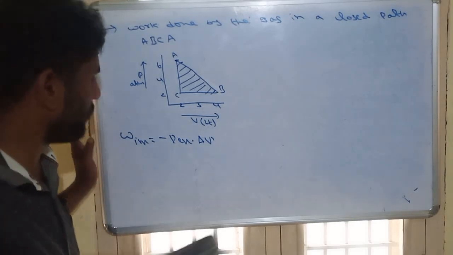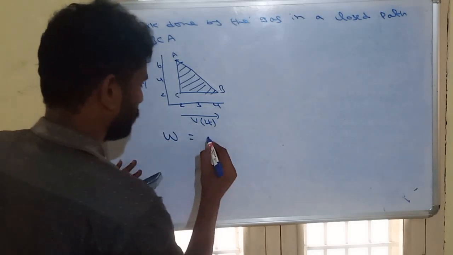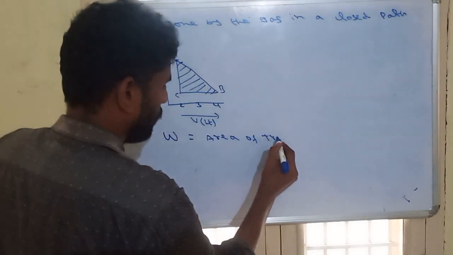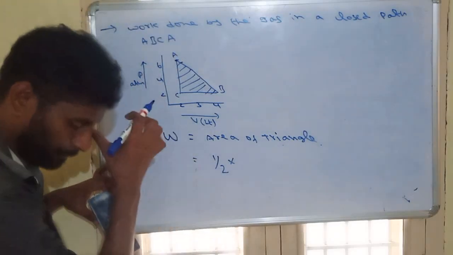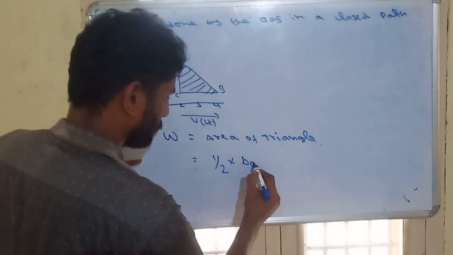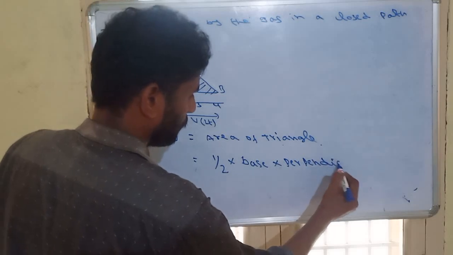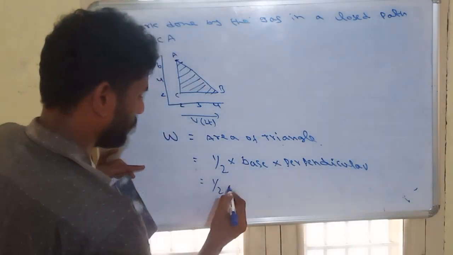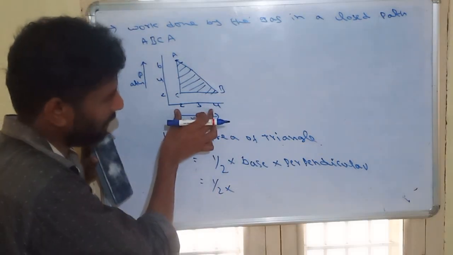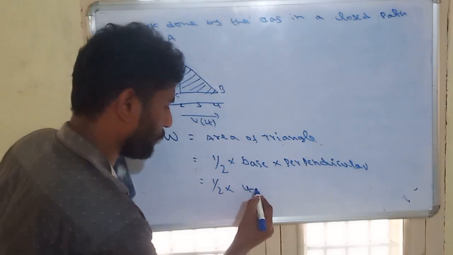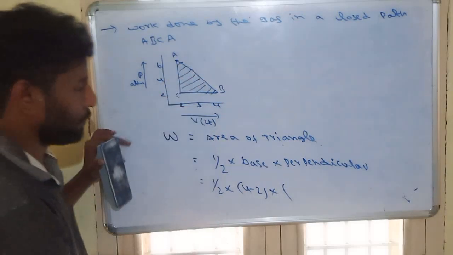So how to calculate area? It is a simple triangle. Work is equal to the area of the triangle, that is half into base into perpendicular. That is half into the base value from B to C. The distance between 2 to 4 will be 4 minus 2, into perpendicular value 6 minus 2.